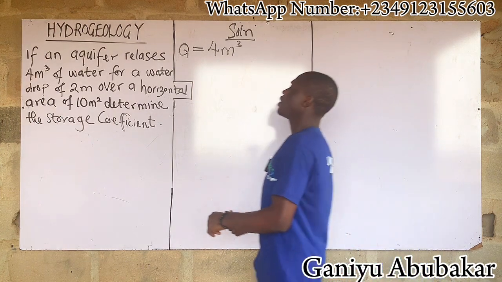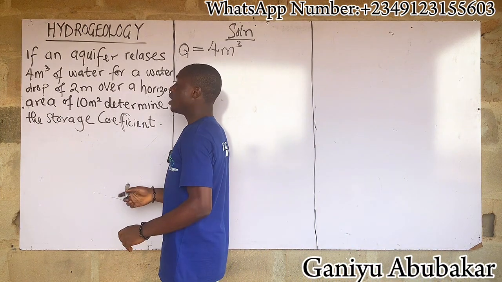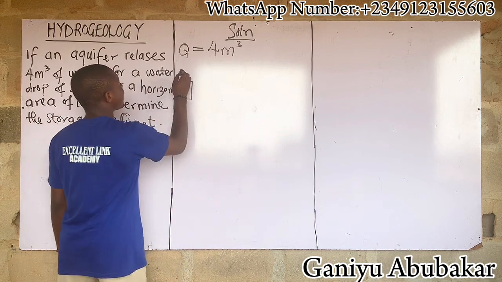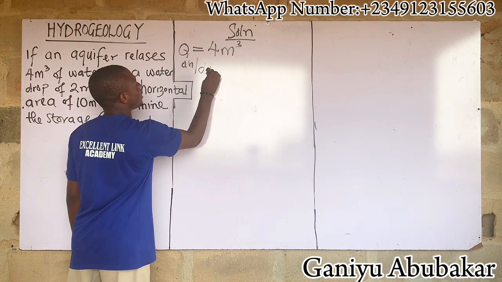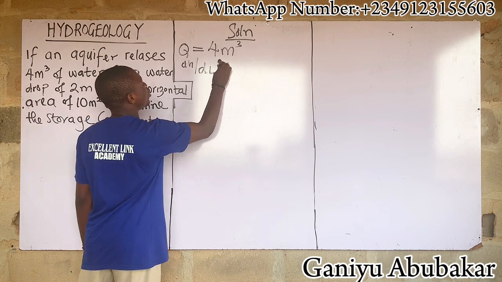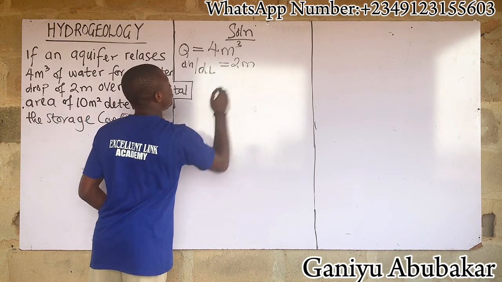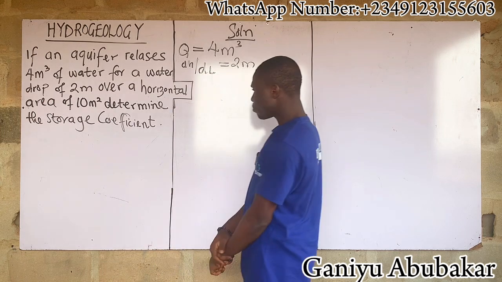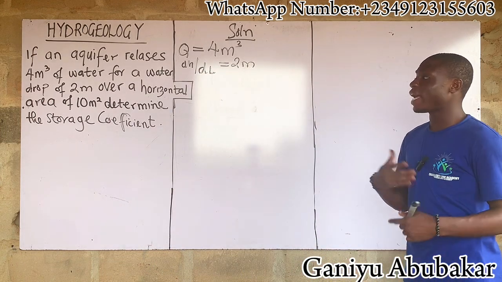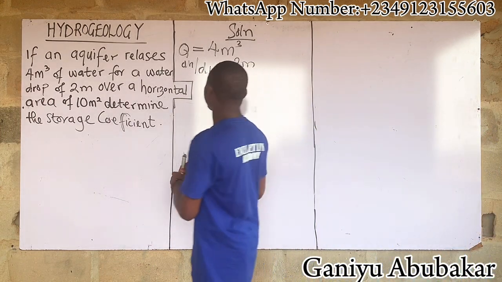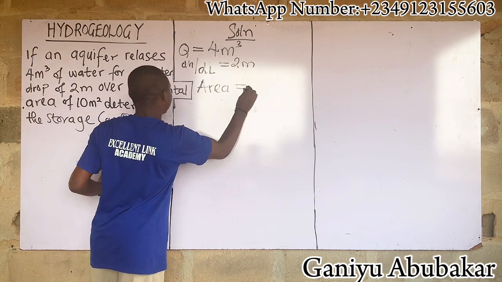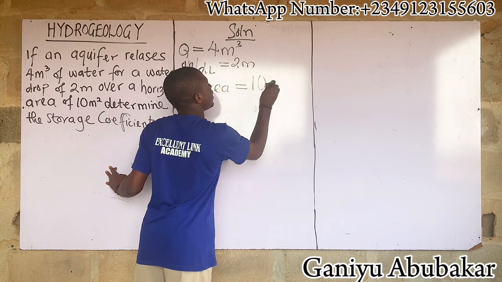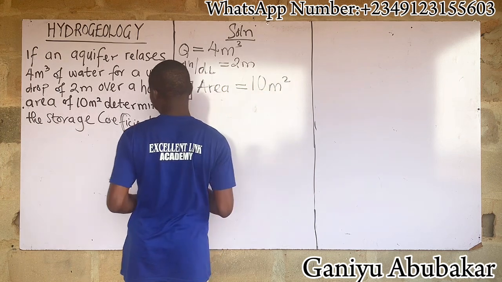That drop signifies the distance, and in this case the distance is referred to as h over l, which is 2 meters. Next, over a horizontal area of 10 meters squared. So I'm given the area, that's 10 meters squared.